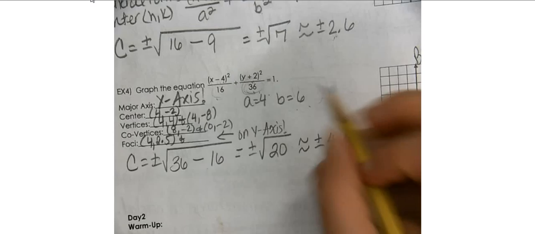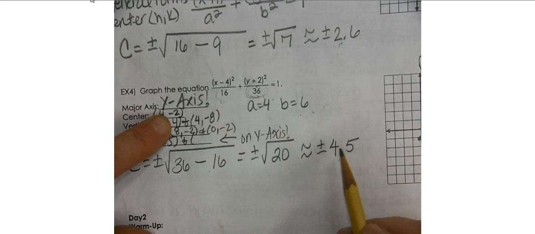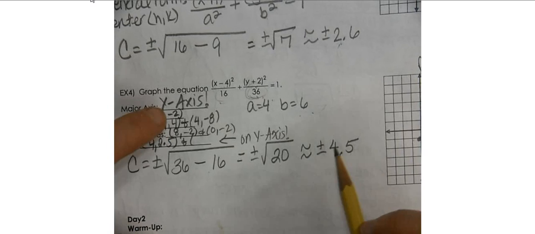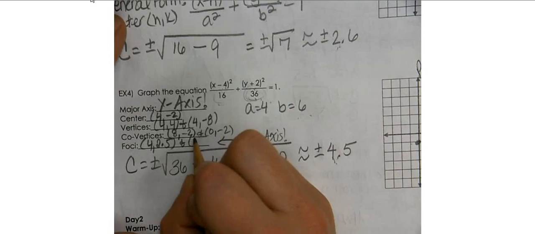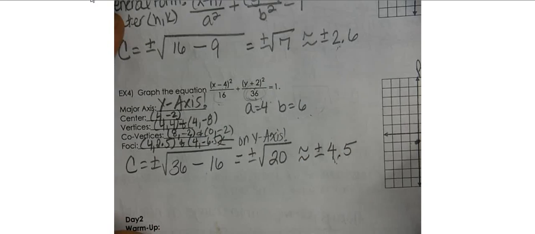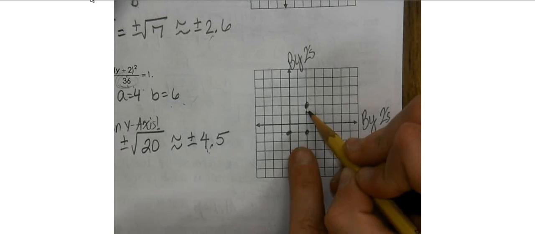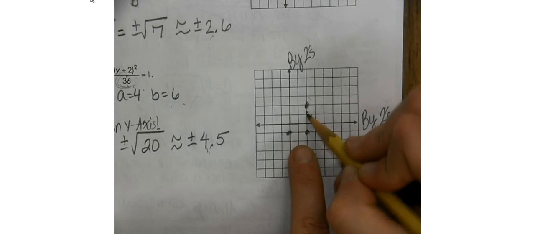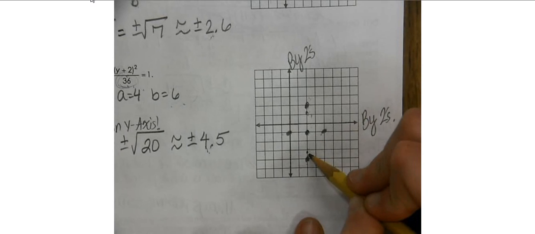And now I'm going to take my y value and subtract 4.5. So negative 2 minus 4.5 is negative 6.5. So this is located at 4, negative 6.5. And that's my top point and my bottom point. So this is located at 2, 2.5. And this is located at 2, negative 6.5. So 2, 4, 6, and then a little bit, 0.5.